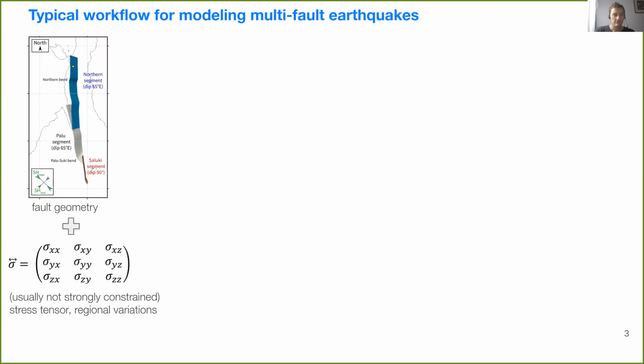Usually we can constrain pretty well the fault geometry based on the high quality of available observables. And we can assume that the fault geometry is embedded in a stress field with a regional stress variation, which is expressed as a stress tensor and which is usually not strongly constrained.